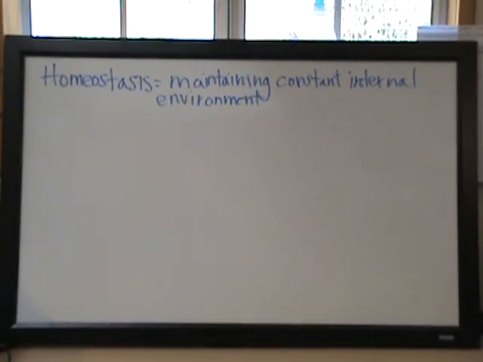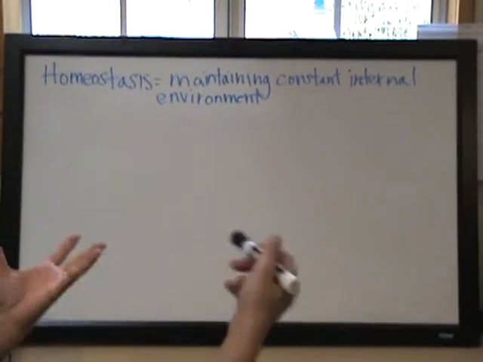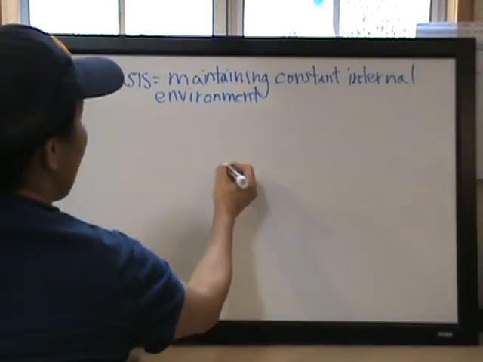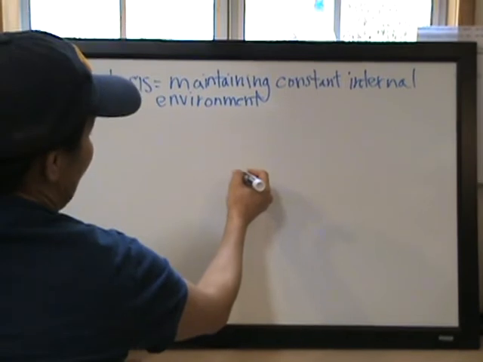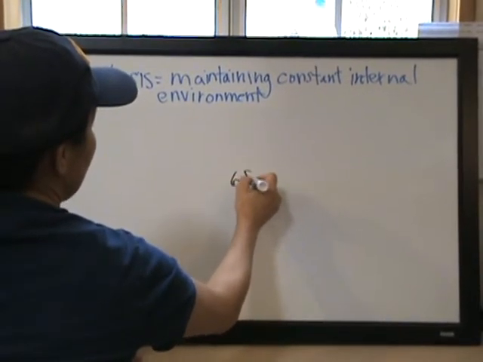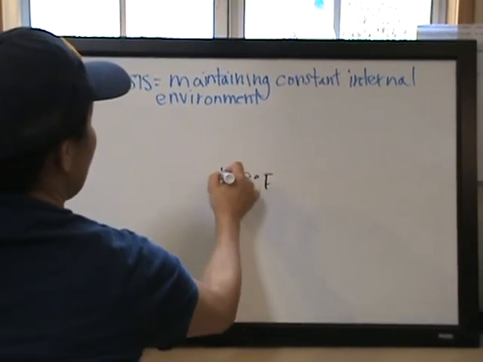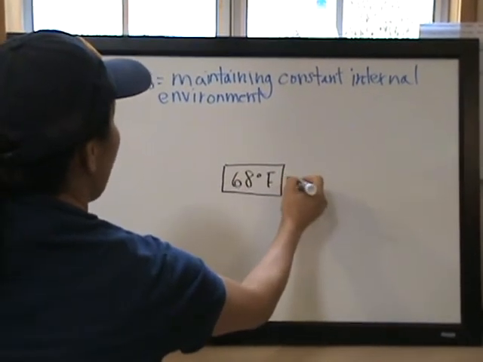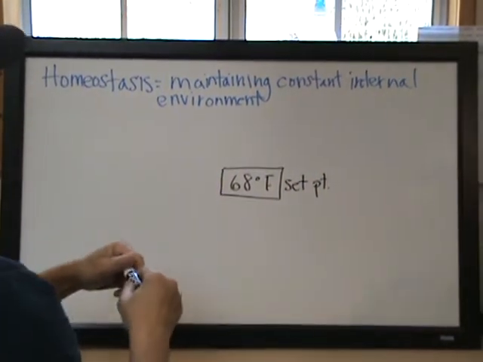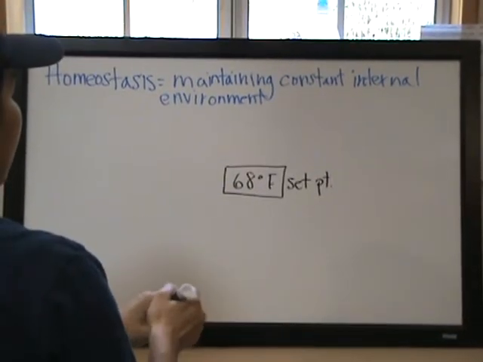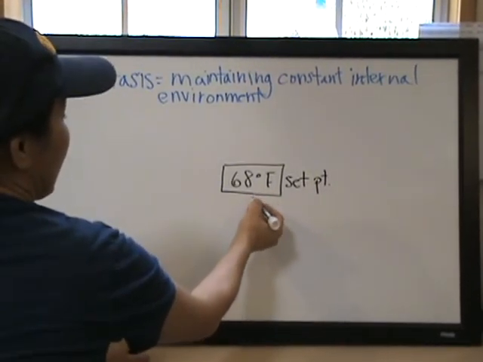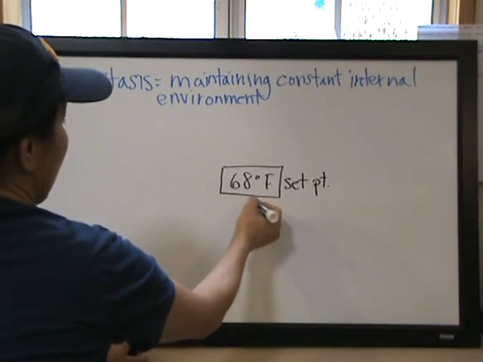Let me give you an example of how this works, outside of our body. Inside our house, we set our thermostat at, let's say, I like mine about 68 degrees. This we call the set point. Now, it's been cold at night, and the temperatures have been dropping into the 40s.